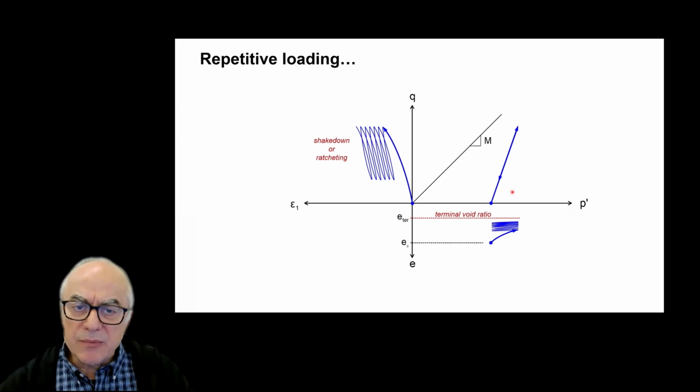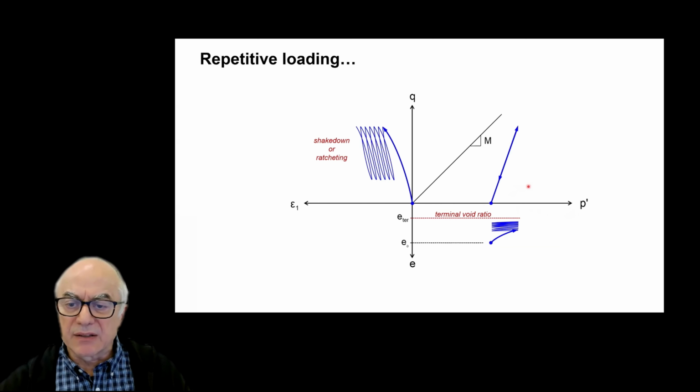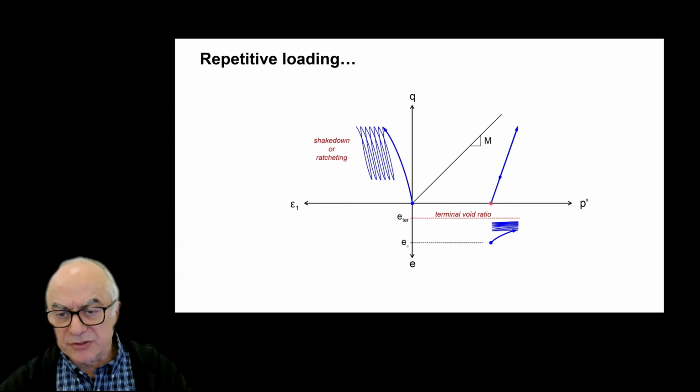Now imagine that we produce the following cycles, as shown on the upper diagram, where we confine the specimen under drained conditions, and then we apply some deviatoric load, and we cycle around that initial obliquity, up and down in deviatoric mode.